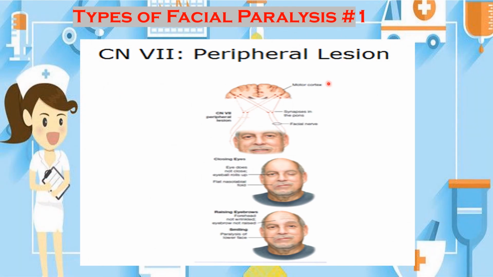Facial weakness or paralysis may result either, number 1, from a peripheral lesion of cranial nerve number 7, the facial nerve, anywhere from its origin in the pons to its periphery in the face, or from a central lesion involving the upper motor neuron system between the cortex and the pons. This is just an example of abnormality of the face.